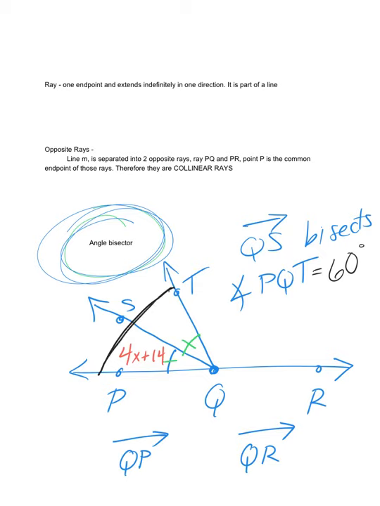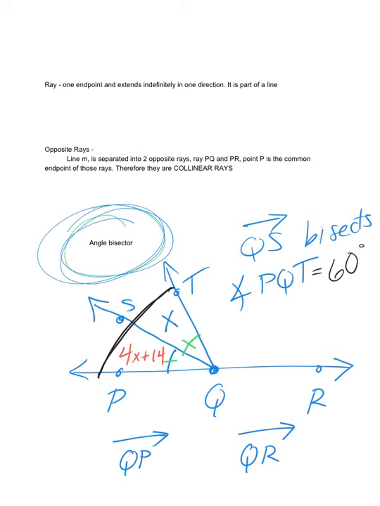So this black angle right here equals 60 degrees. How would I find this x right here? What's half of 60? 30. Okay, so the angle is going to equal 30, but what is the value of x?